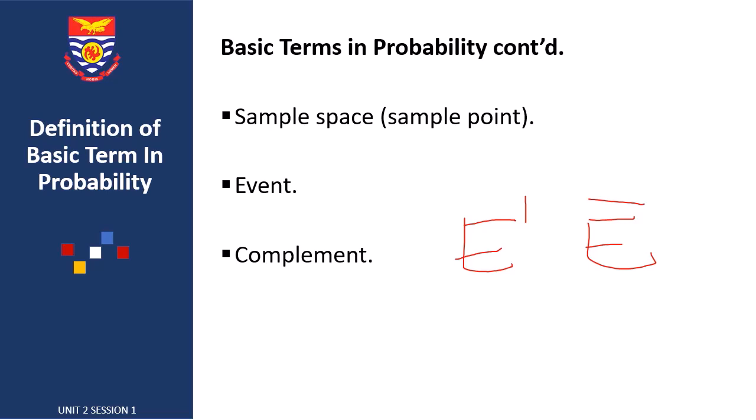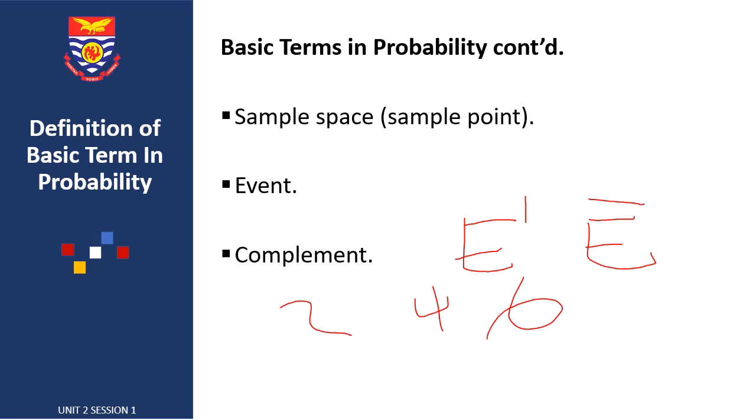So if you have a particular sample space, for instance, throwing a die, the sample space is 1 up to 6. If event E is even numbers, you have 2, 4, 6.